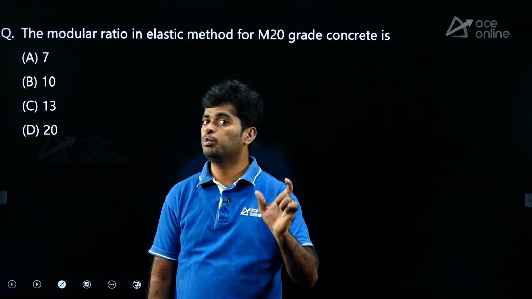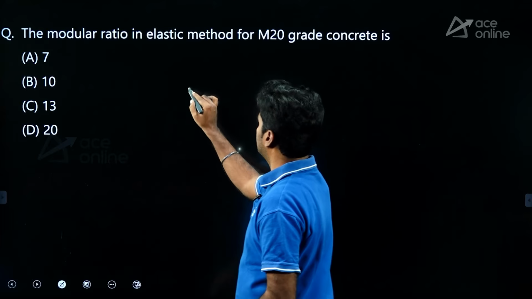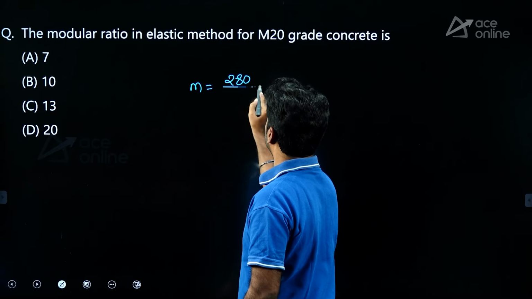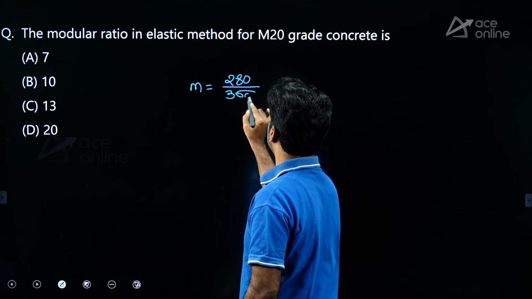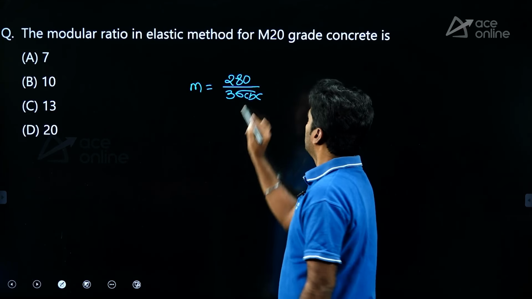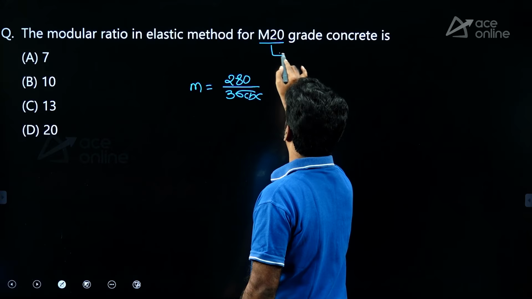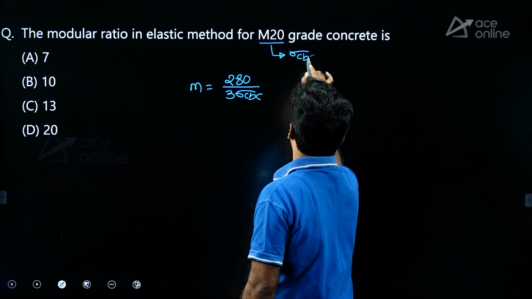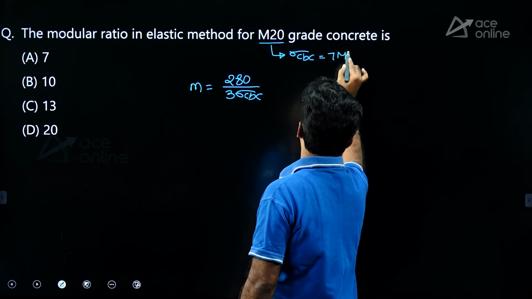We use an empirical formula. What is that? That is m equal to 280 upon 3 times sigma CBC. This sigma CBC depends on the concrete grade. Here the given concrete grade is M20. For M20, the sigma CBC value will be 7 megapascal.